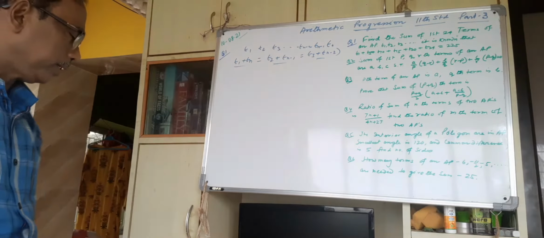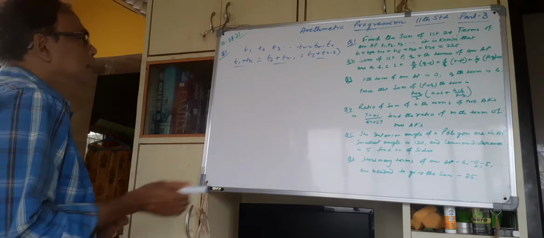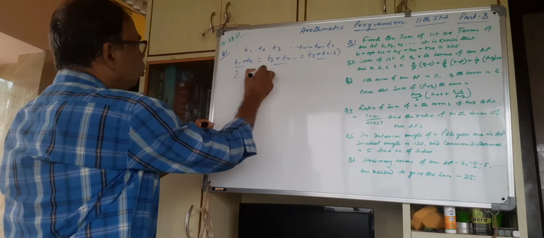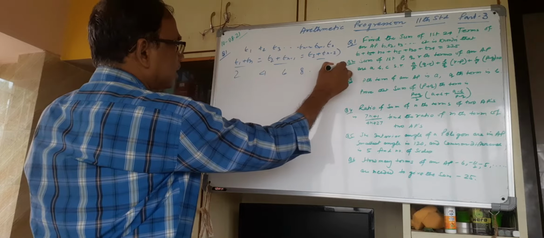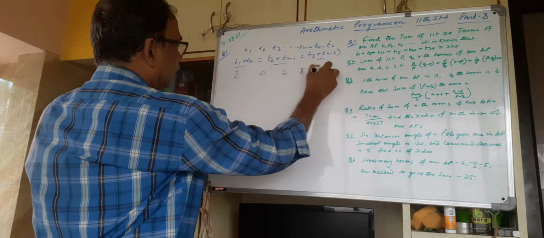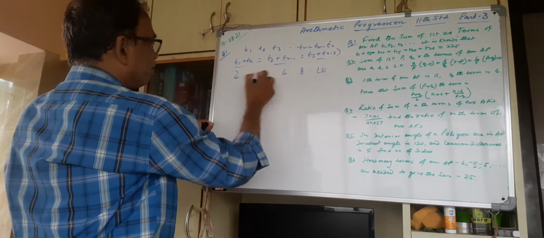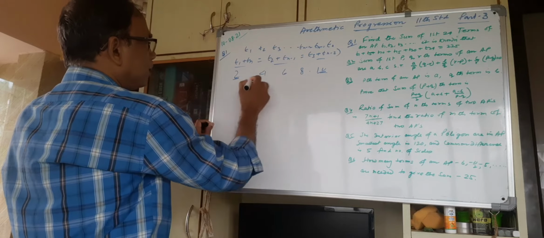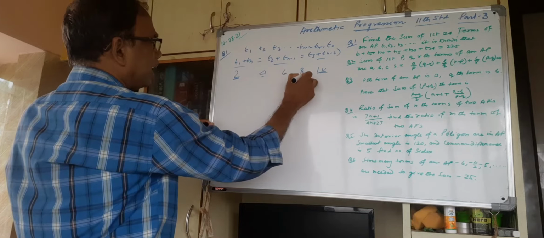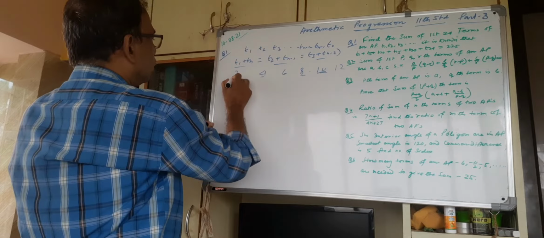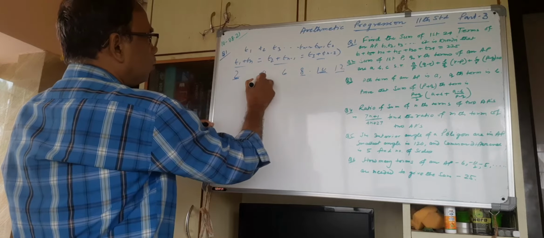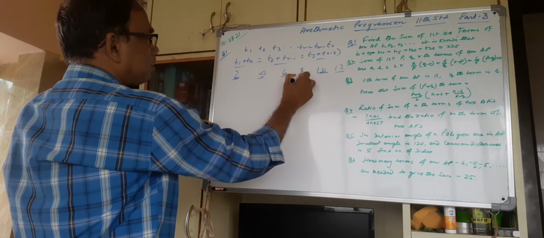Here, take 2, 4, 6, 8, and suppose the last is 10. Look here: 2 plus 10, the first term and last term, is 12. The second term and second last term also give 12. 2 plus 12 is 14, 4 plus 10 is 14, 6 plus 8 is 14.